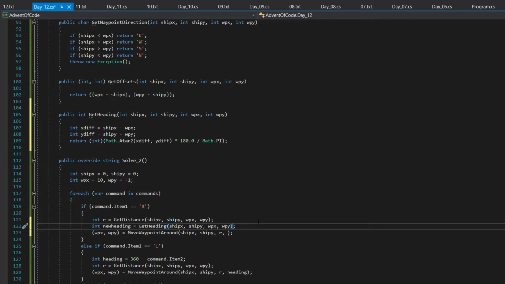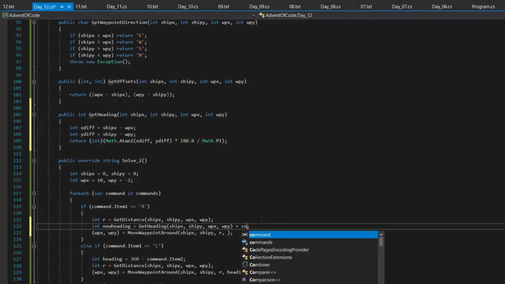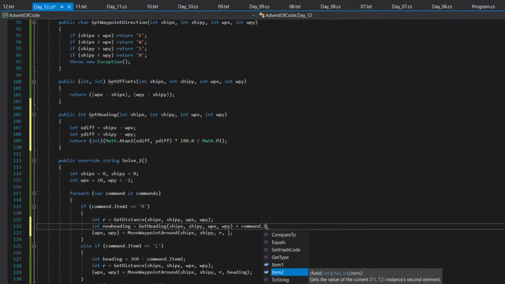And we need to add or subtract. So if we're going right, we're going to add the command dot do, modulus 360, and that should be our new heading.